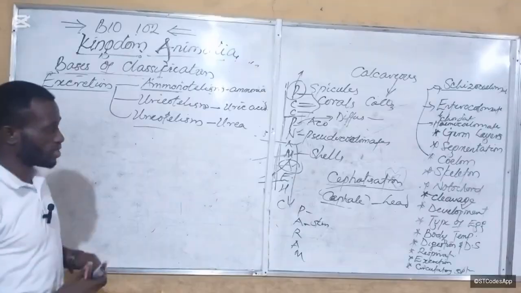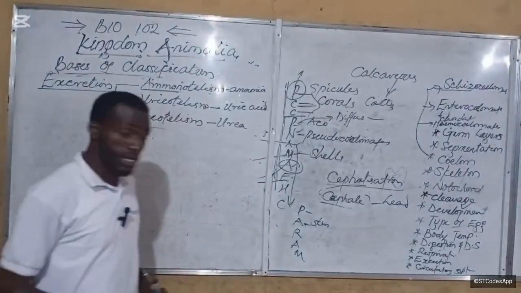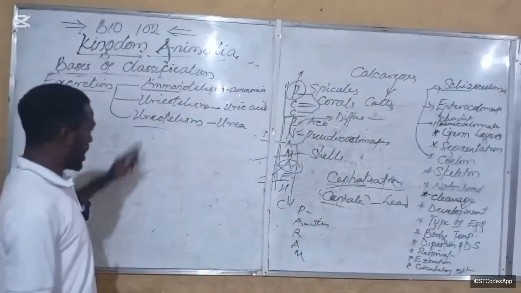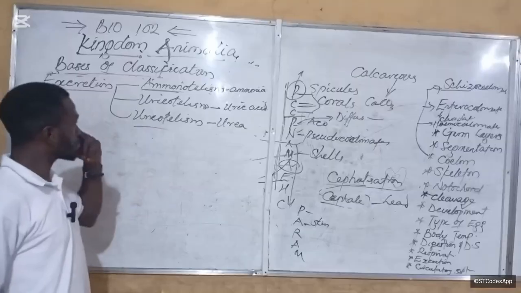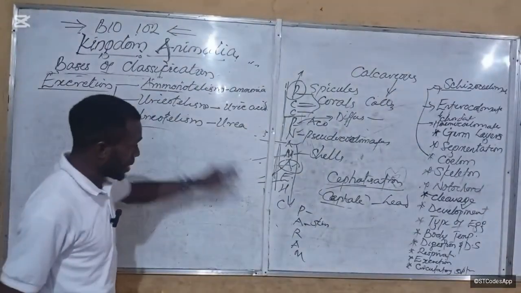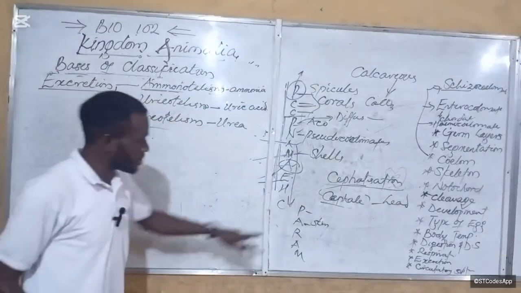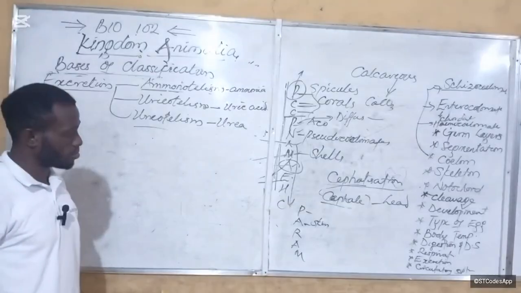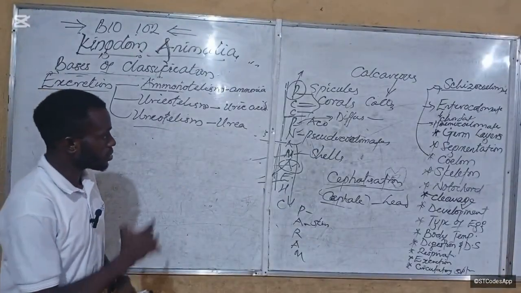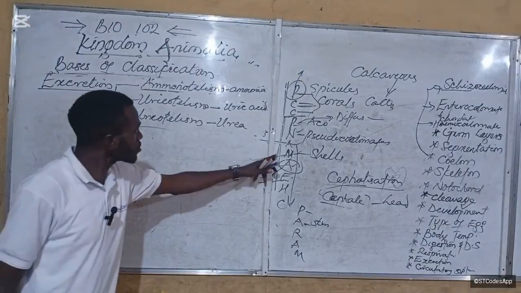Uric acid is excreted by reptiles, for example. Urea by mammals and birds. Ammonia by Pisces and amphibians, and some mollusks.